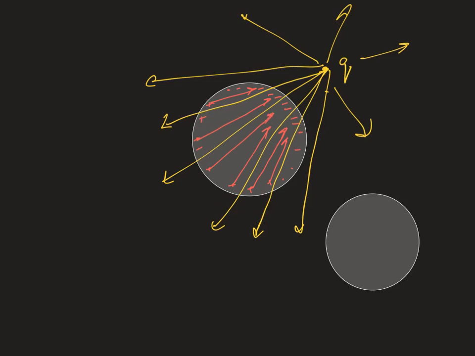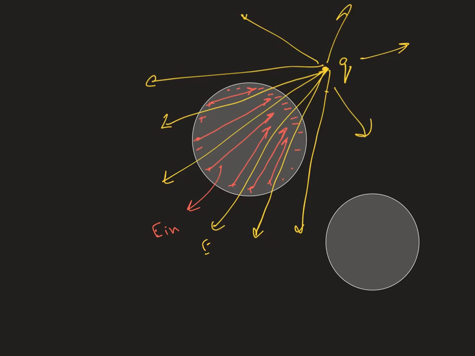Due to these field lines, the electrons will experience force towards right, and there will be a residual positive charge on the left side. So there will be an induced field, E induced, that will cancel out the original field E inside the conductor.